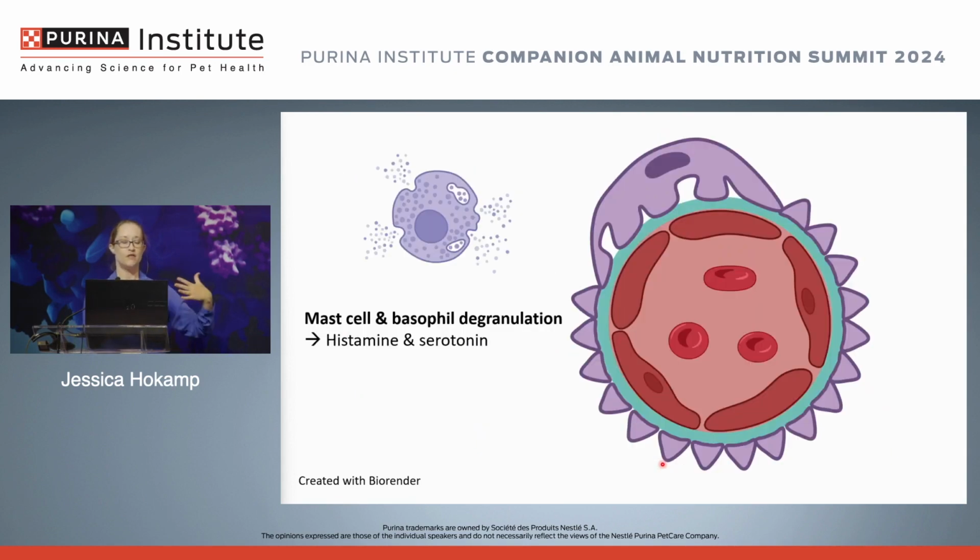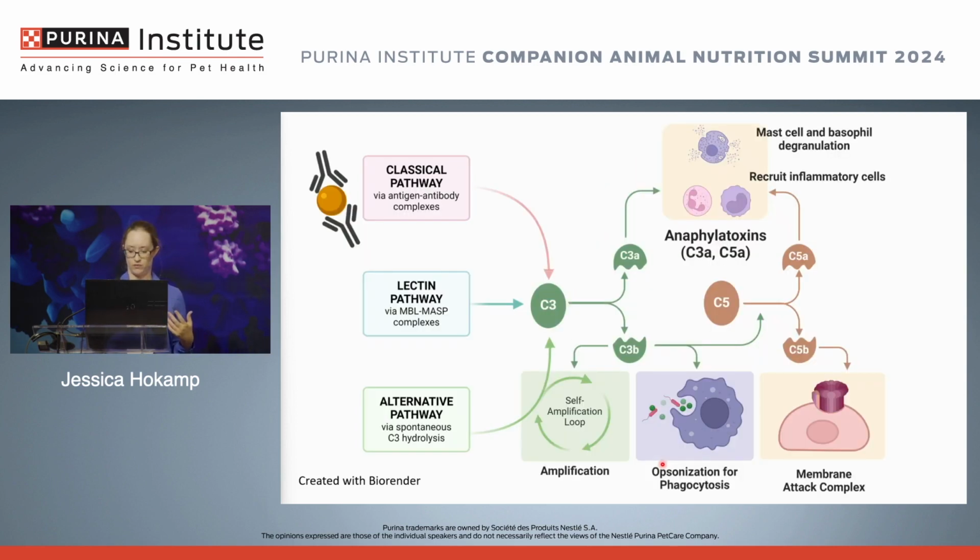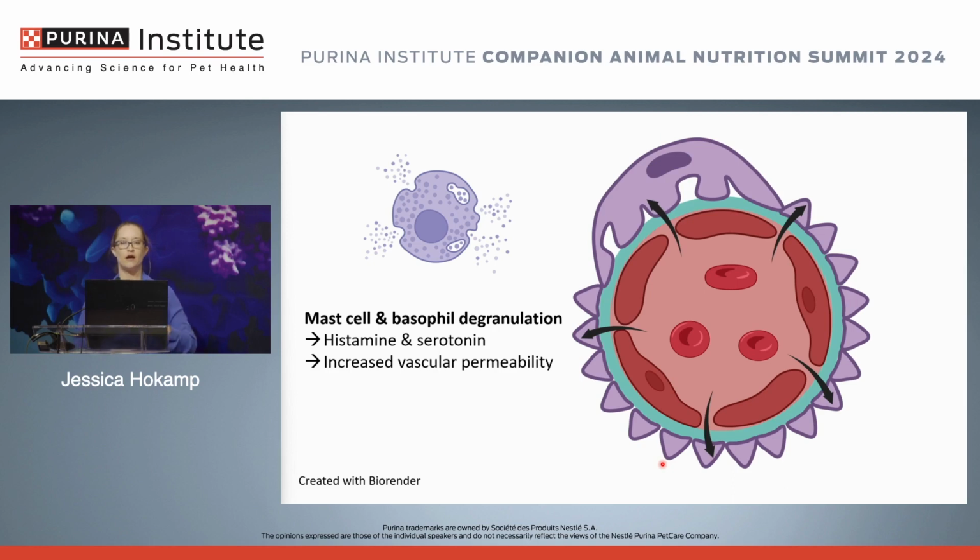When those mast cells and basophils degranulate, we have release of products like histamine that cause increased vascular permeability. And so we have widening of those endothelial spaces, and this allows for even further deposition of immune complexes. So that's not ideal, right?